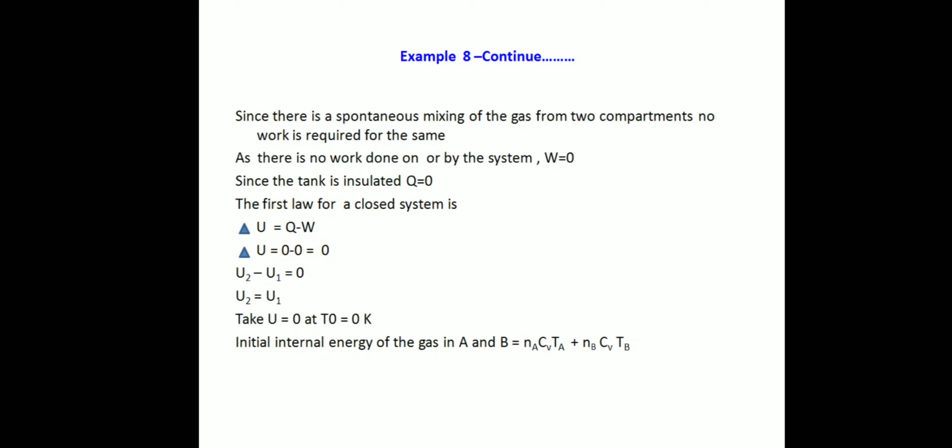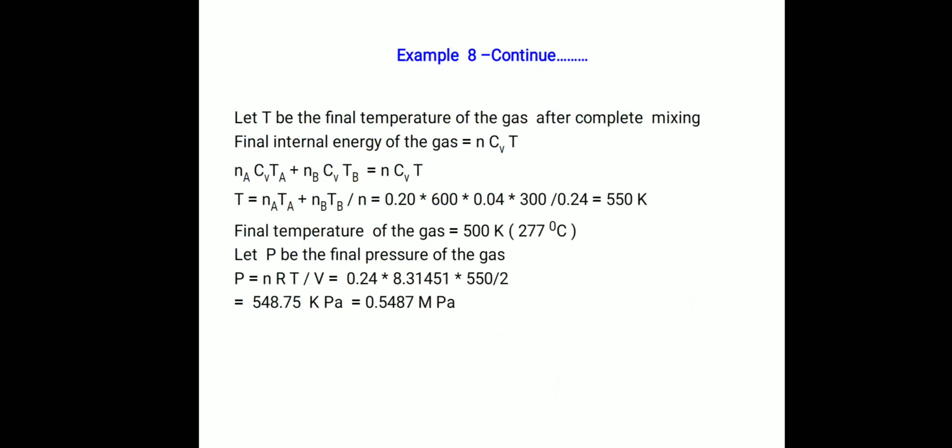So we can use the equation that the initial internal energy of the gas in A and B is equal to NA Cv TA plus NB Cv TB. We can apply the values of all the known quantities in this equation and calculate the temperature.